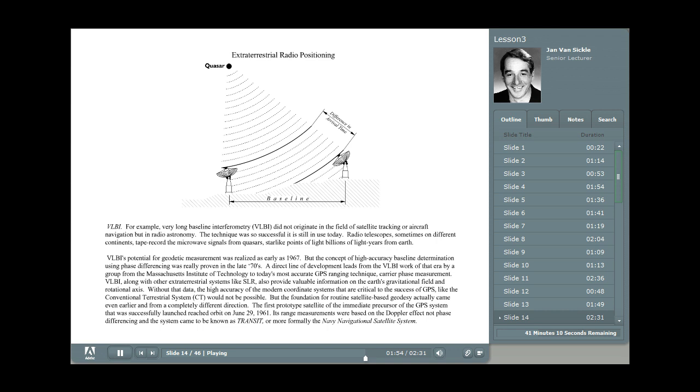Satellites orbit, of course, around the center of mass of the Earth, and the shape and the character of the planet is something that needs to be determined to be able to make the most of extraterrestrial positioning.